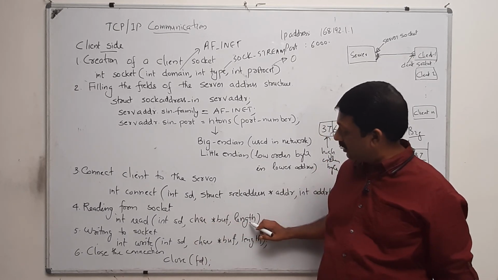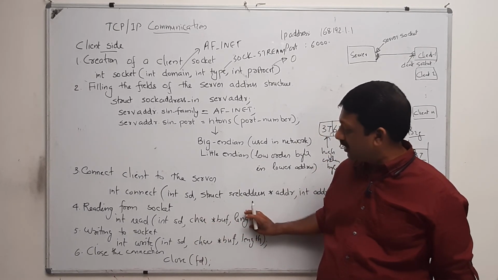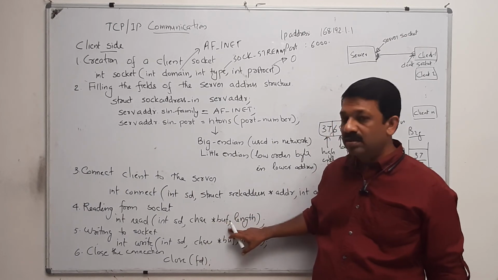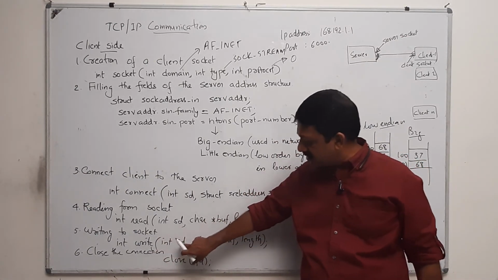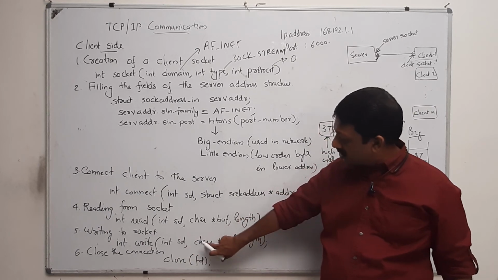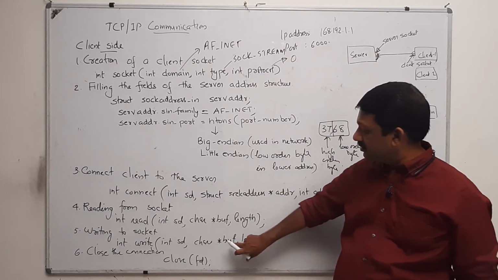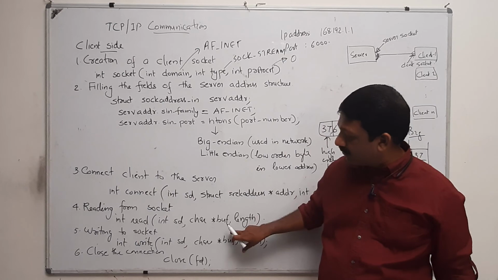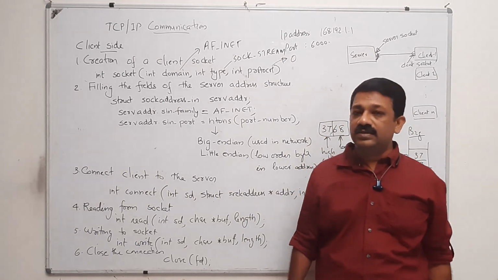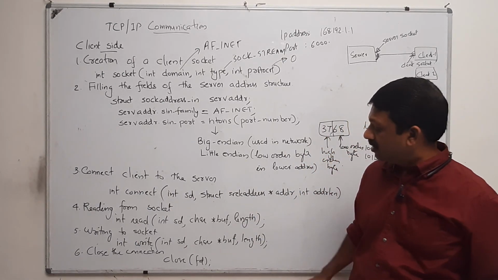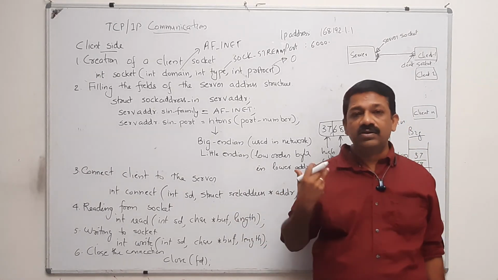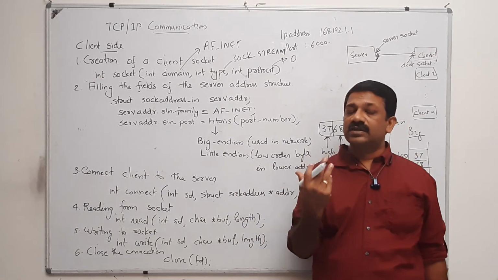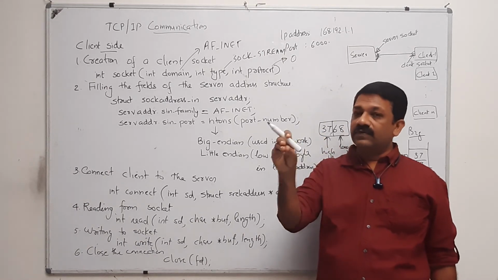Char star buffer, length means this many characters will be read and stored in the buffer. And writing to the socket means write, again with the socket descriptor, char star buffer, length, which means some data is there in the buffer and you are going to write that, just like your file reading and writing. Using these sockets you can have communication between the server and the client.